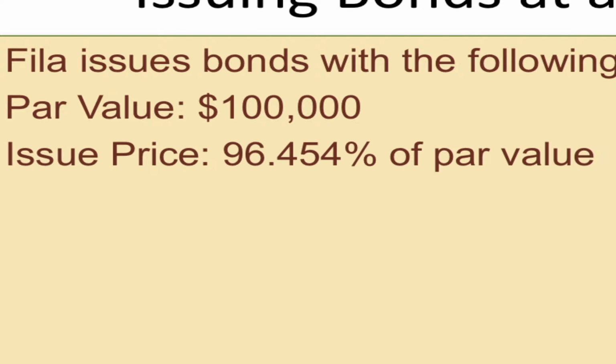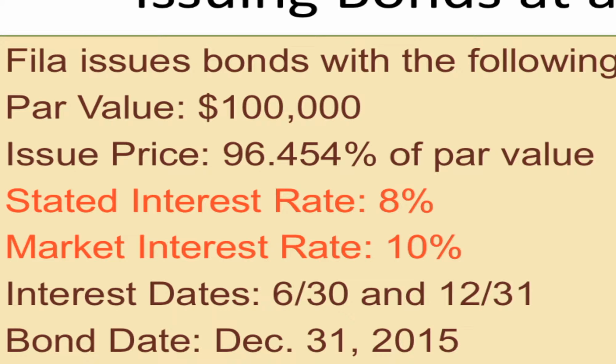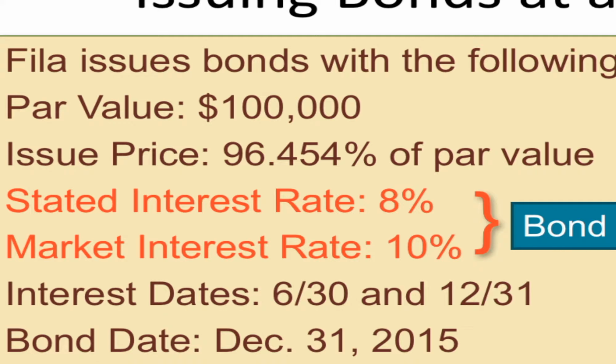Let's look at an example of a discount here. A bond on its face says it will pay 8%, but the market's paying 10%. So as a corporation, if we want to sell these 8% bonds, we have to figure out, and I'm not going to get into how this is figured out all that much because I don't want you guys to worry about that, the difference in cash flow over the term between 8% and 10%.